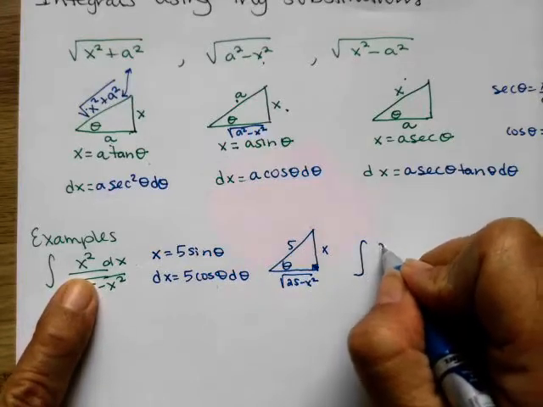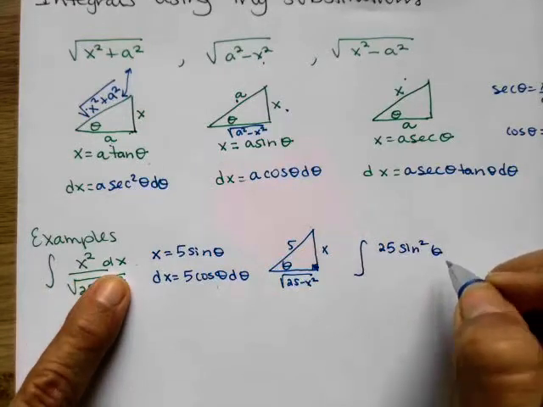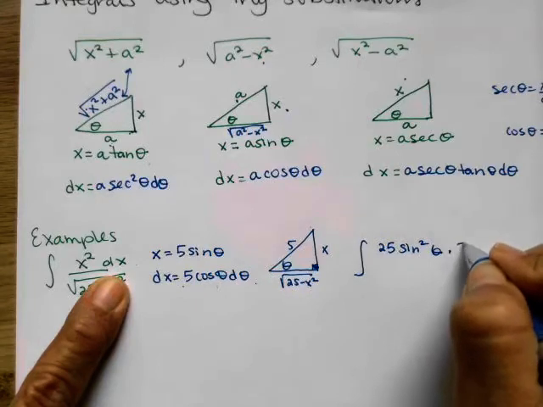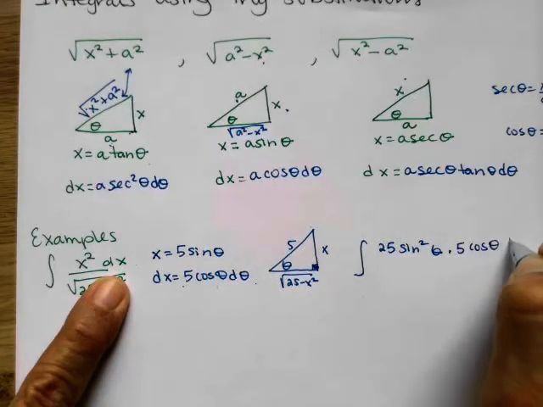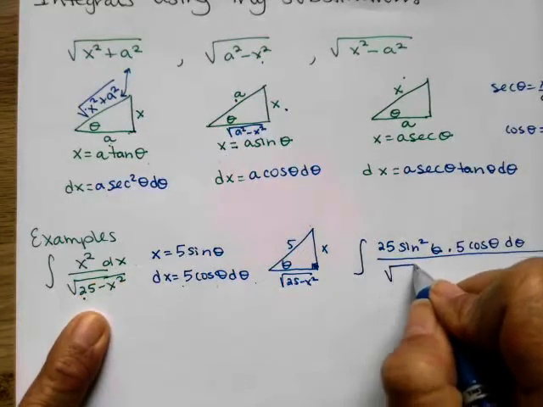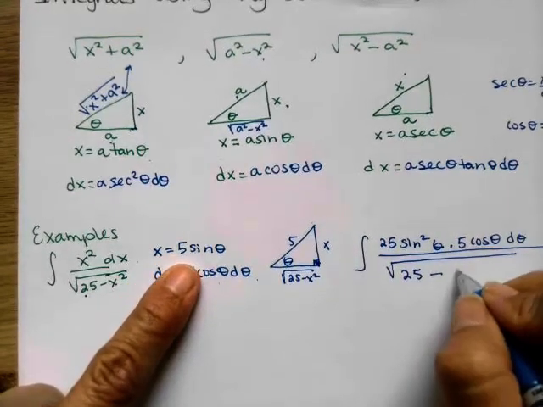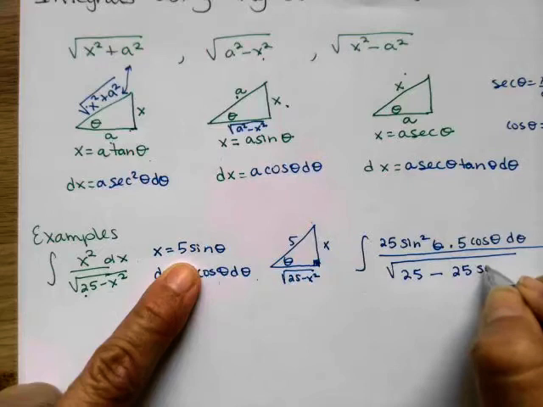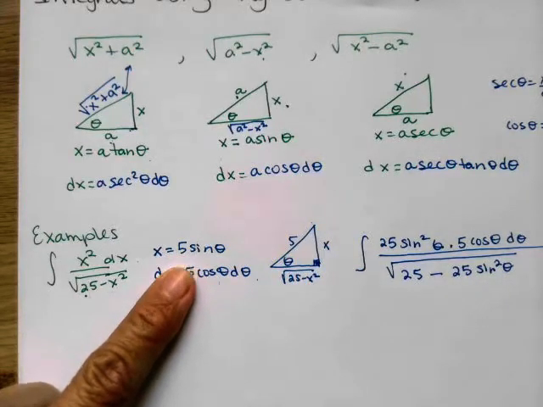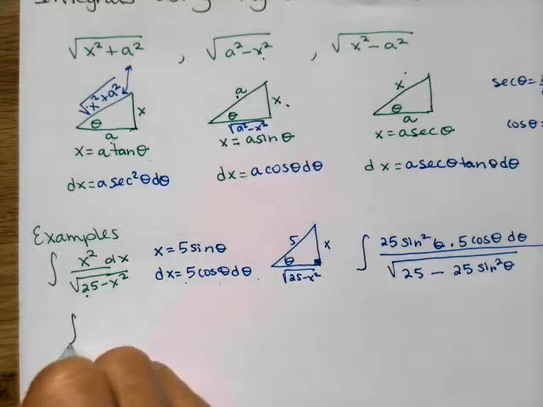So x squared, so 25 sine squared theta, dx, careful, dx is 5 cosine theta d theta, so times 5 cosine theta d theta. Now I'm on the bottom, so now I have the square root of 25 minus x squared, and x was 5 sine theta, so 25 sine squared theta. Okay, so that looks okay. I mean, not awesome, but here we go. So we're going to come on down here.